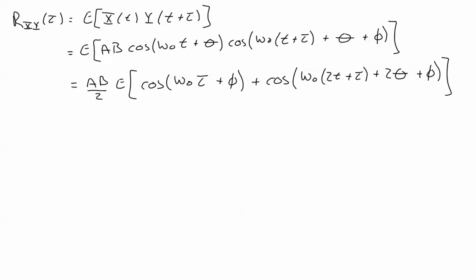Here I've used the trigonometric identity, cosine A cosine B equals 1/2 cosine A plus B plus 1/2 cosine A minus B, in case you've forgotten that. You'll also recall that the expectation of the sum of two random processes equals the sum of expectations.